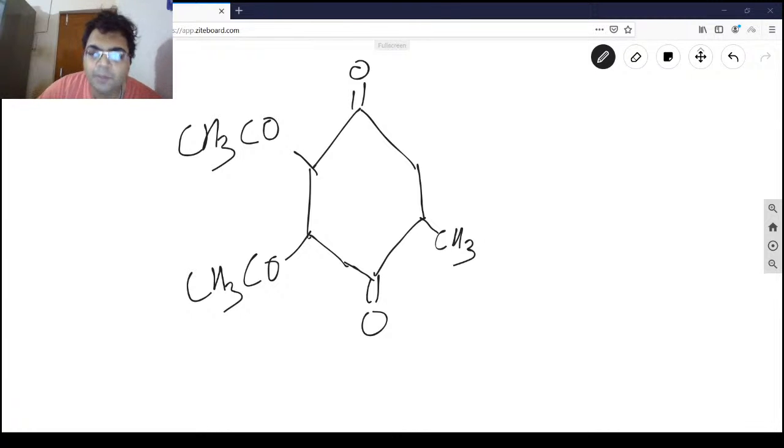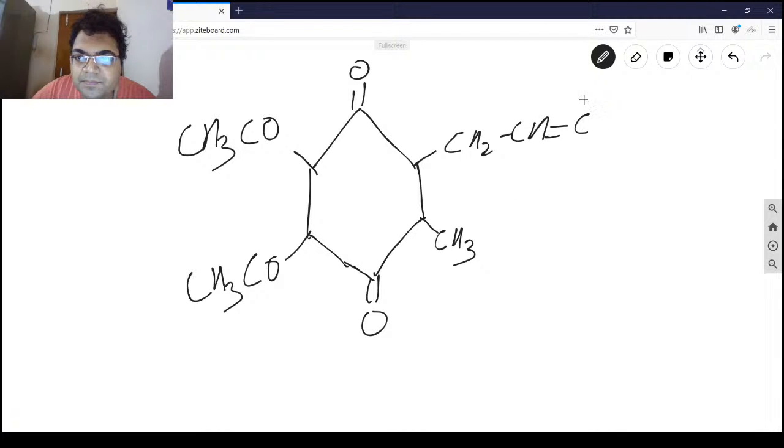Then we have a long chain isoprenoid, that is CH2, CH, then double bond C, then CH3, then CH2, and this is repeated ten times, then H.